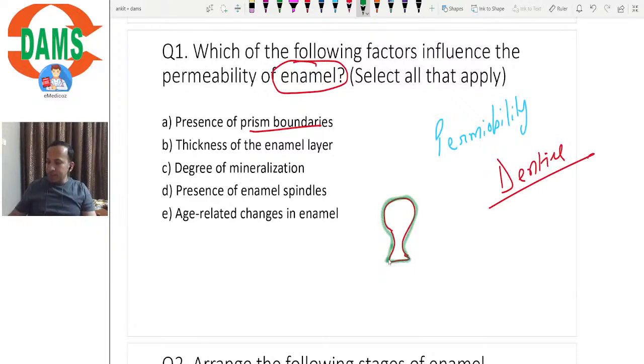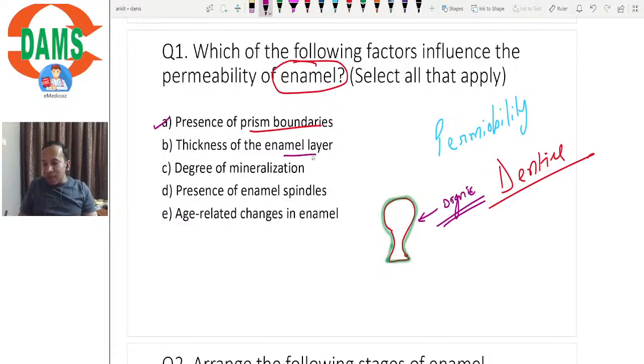So this prism boundary is organic, right? So the prism boundary, whether it is dense or rare, whether there are defects or whether it is perfect, that would also decide the permeability. So option A is correct. Let's go to the next option.